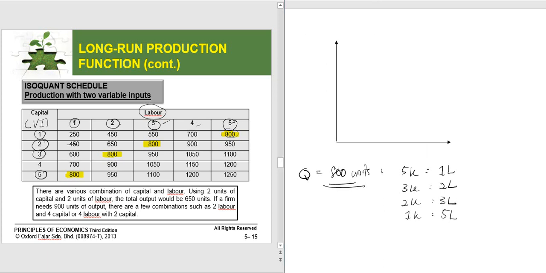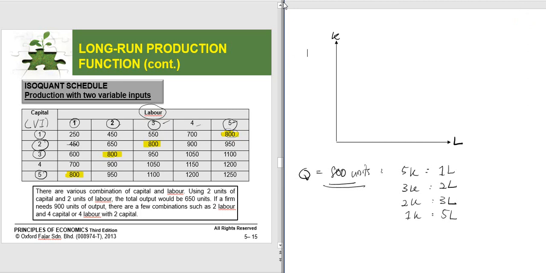Now I'm drawing the graph to show how to construct an isoquant curve. You have the x-axis and y-axis, so you can put capital here and labor here, or capital here and labor here, it doesn't matter.